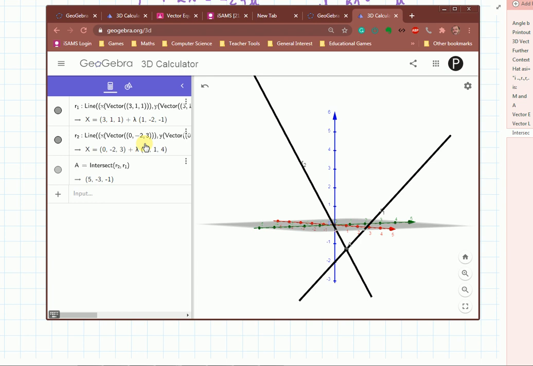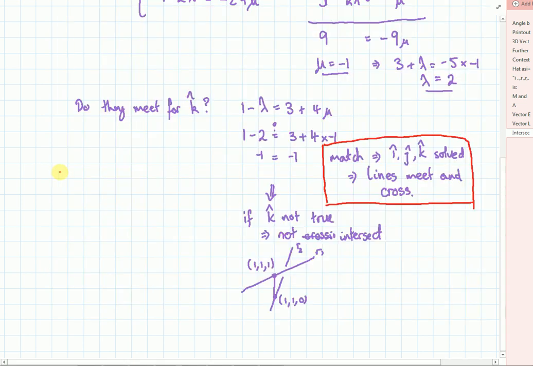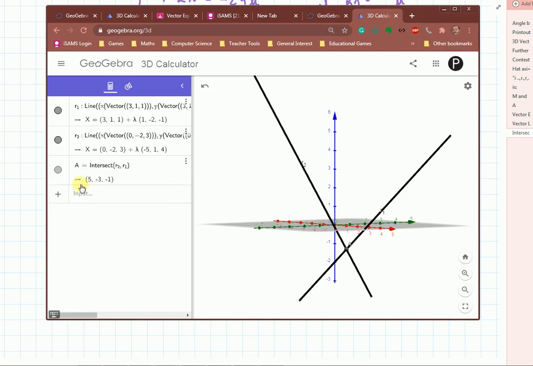What's that line? Let's turn that off. And if I just move this point up, so it's 4.